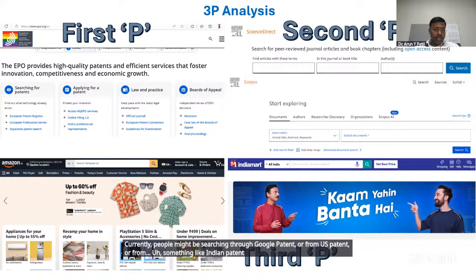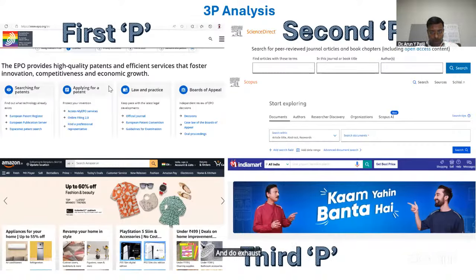But I suggest you go through a European patent search and do it exhaustively, so that it takes you to a level wherein nearly 70% of your problem can be dealt with through patents only. I am quoting it with confidence because I know exactly how patents have weightage in real-time applications.